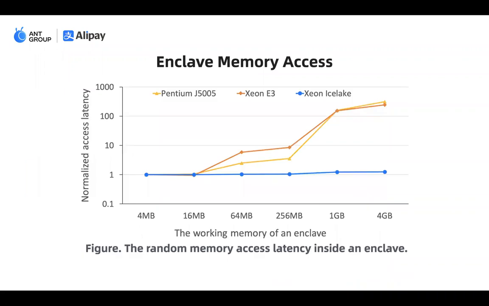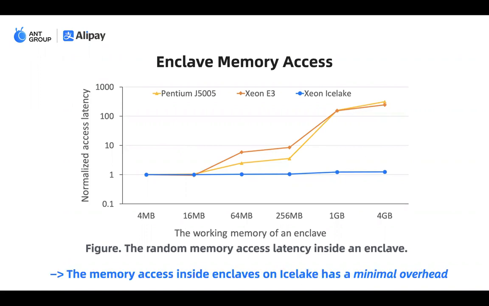So here are the results of the enclave memory overhead. As you can see, as the working memory of an enclave increases, the normalized enclave memory access latency stayed the same for Xeon Ice Lake, but for Pentium Silver and Xeon E3, it has grown tremendously when the working memory of an enclave exceeds the EPC size.